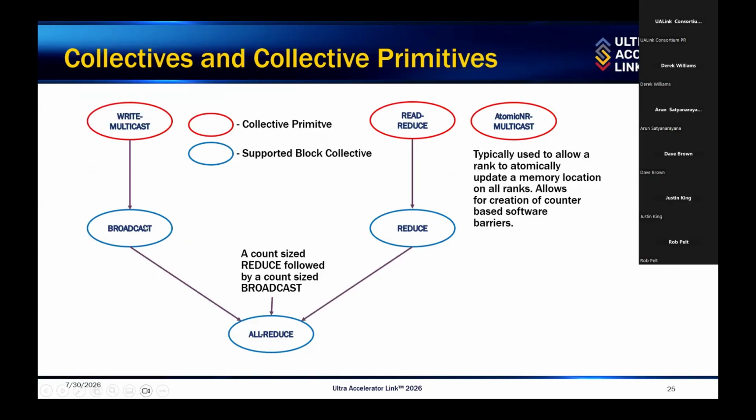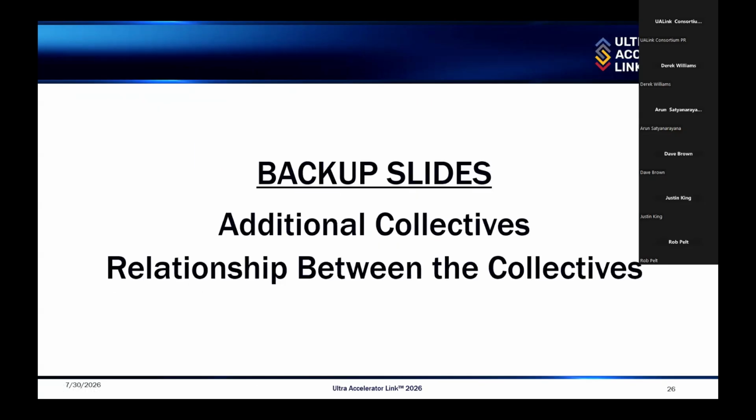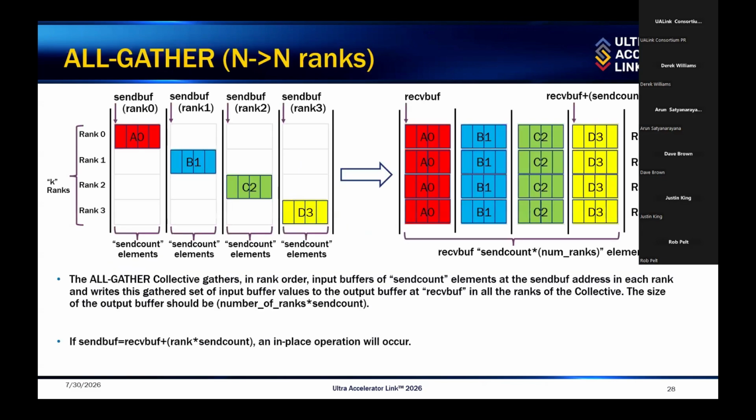And then we do a broadcast which will write the reduced version of the data to all of the ranks. There are some backup slides here that illustrate some more exotic, I'll call them collectives.